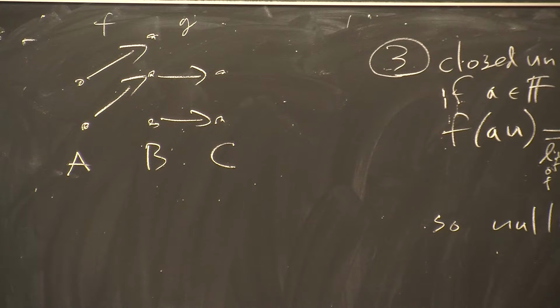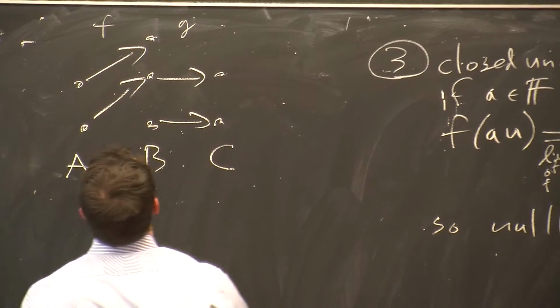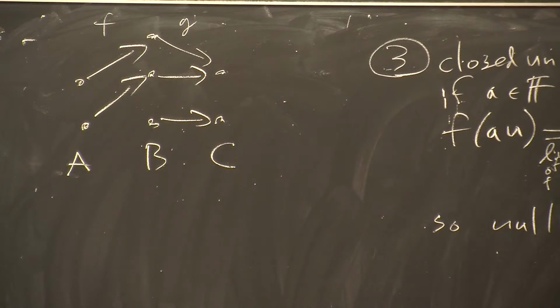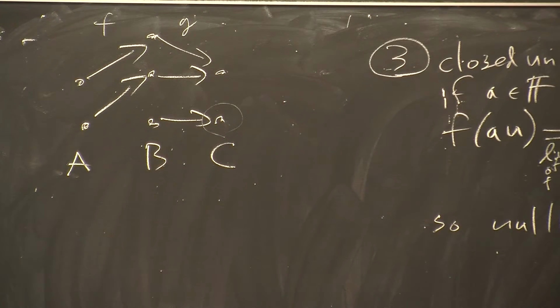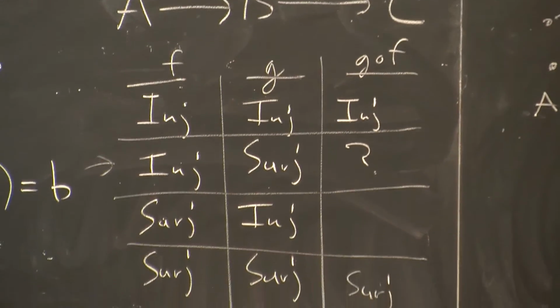Injective, surjective, neither? Oh, I need to add something, right? Wasn't even functions. So how do I get to this point? What do I choose in A? Nothing, right? So it's not surjective. How about injective? It's neither, right? Okay, so we don't know based on that information.